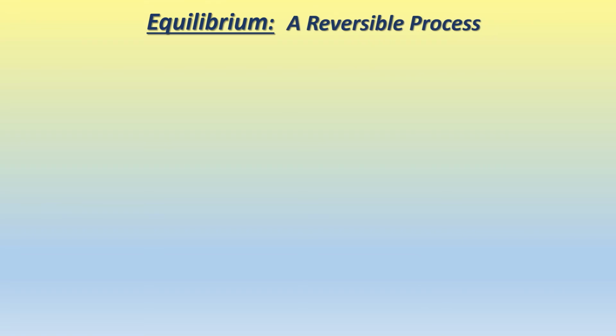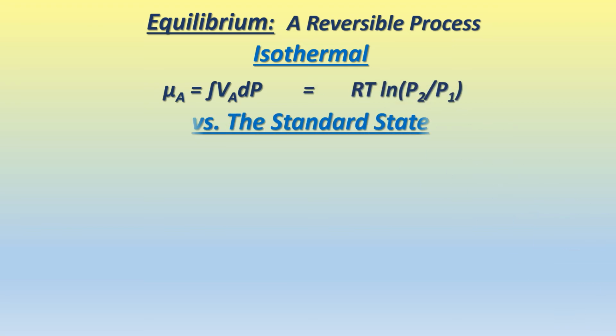So at equilibrium, you have, by definition, a reversible process that is isothermal, for the simple reason that equilibrium occurs at only one temperature. So the chemical potential of A is simply going to be the integral of V of A dP, or RT log P2 over P1.